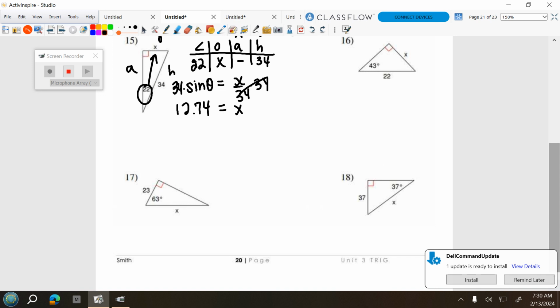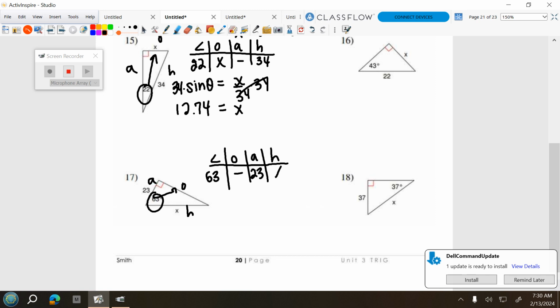17, opposite, hypotenuse, adjacent. We got box of knowledge here. The angle is 63. Opposite is missing. Adjacent is 23. Hypotenuse is x.